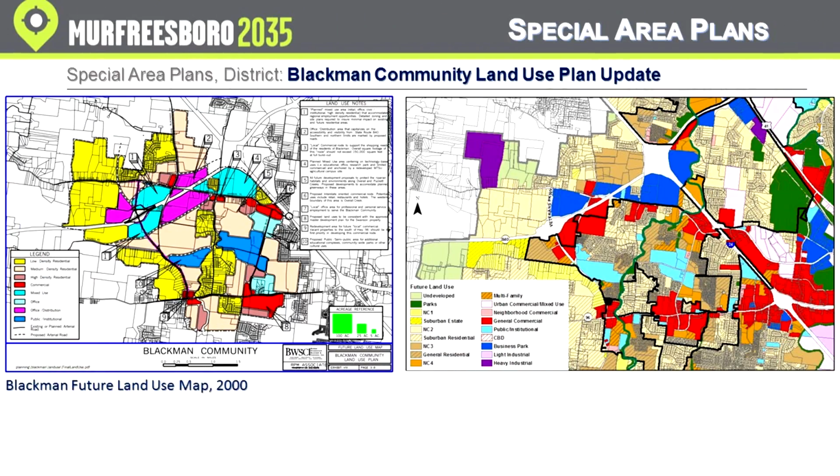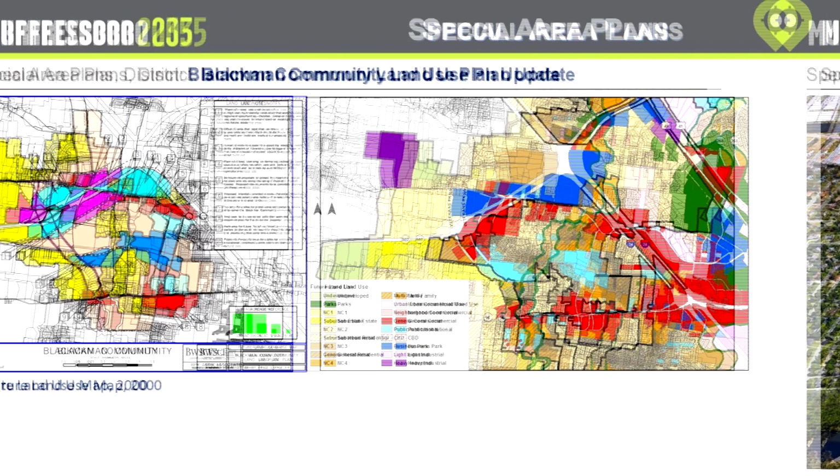Similarly, we borrowed from the Blackman future land use map, not only from the future land use map, but a lot of the principles that went into the development of the original map. We're encouraging business park development at the key intersection here at 840, followed by some additional general commercial and some urban commercial mixed use.